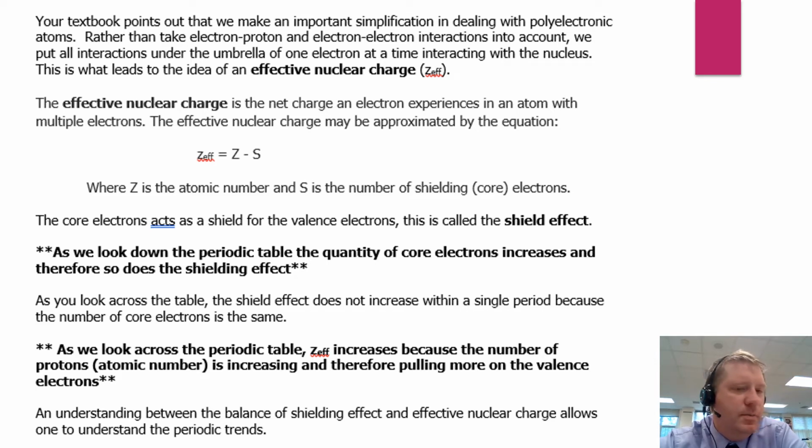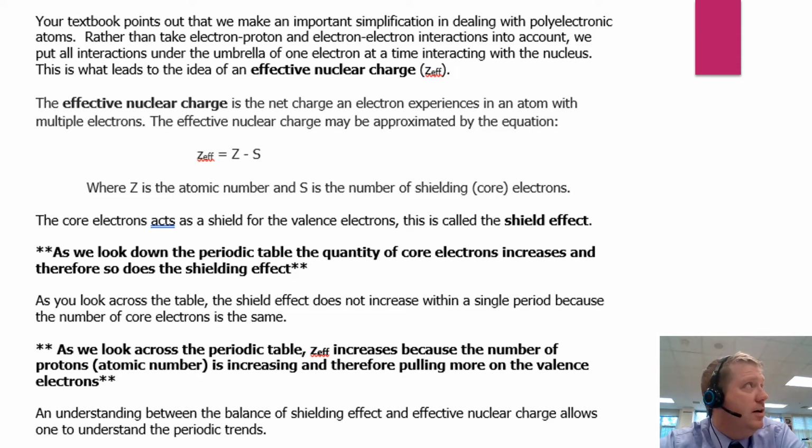As we go across the periodic table from, say, potassium to krypton, we keep increasing the number of protons, but we're not changing the number of core electrons. The core electrons are everything on the inside, and the valence electrons are the outer energy level electrons.